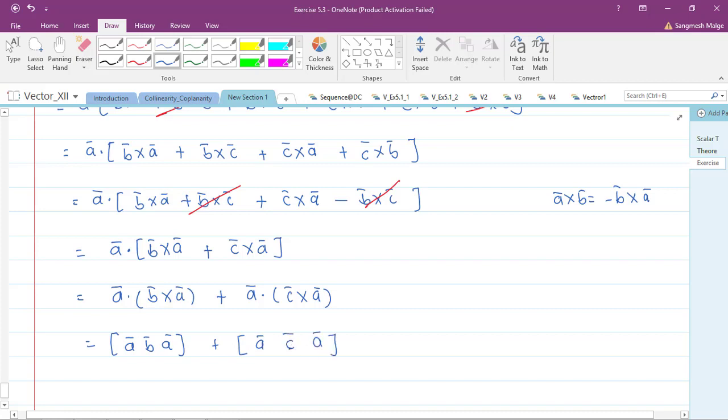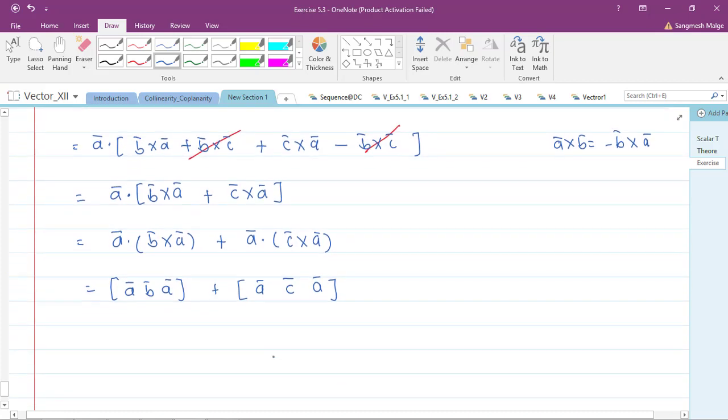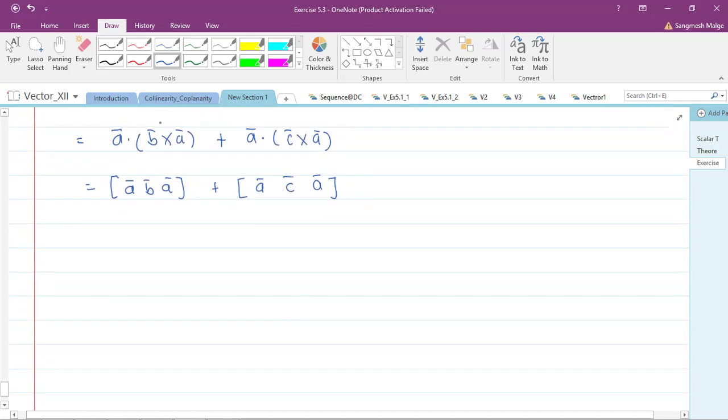And we know that if any two columns or rows of the box product are the same, then that box product is equal to 0. So here a bar and a bar are repeated. That's why the first one is 0 and the second one is also 0. So 0 plus 0 is nothing but 0, which is our RHS. Okay, so hence proved. I hope it is clear.